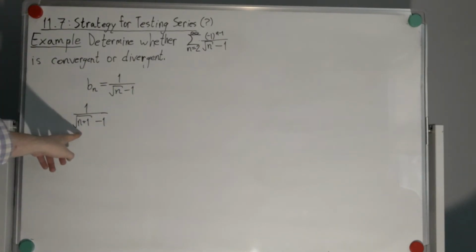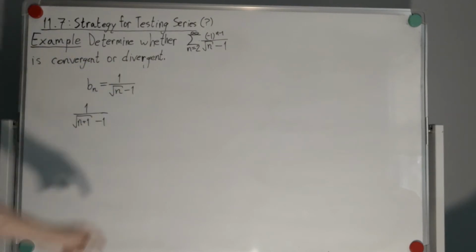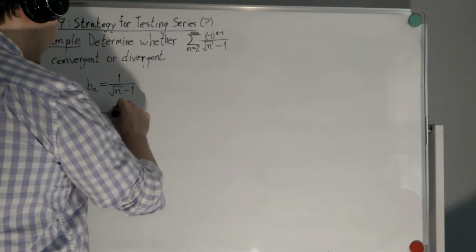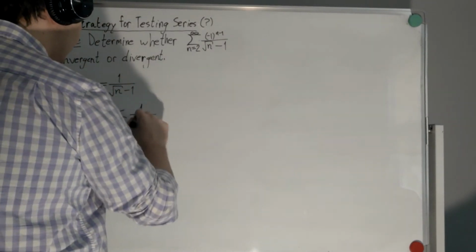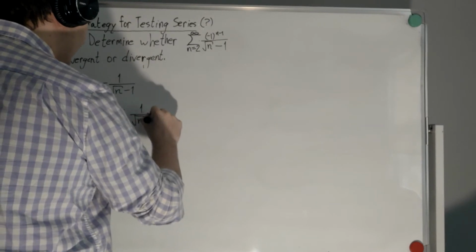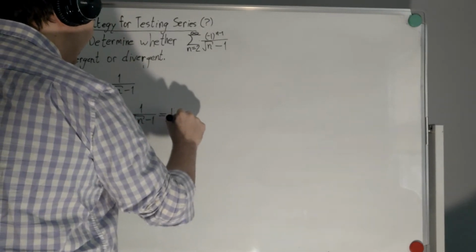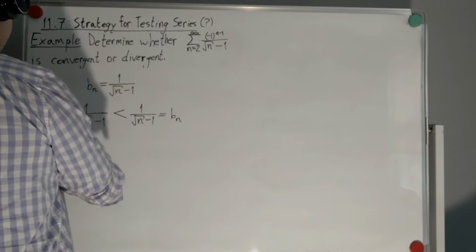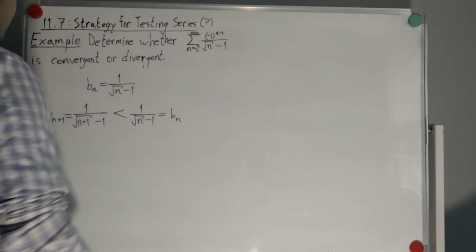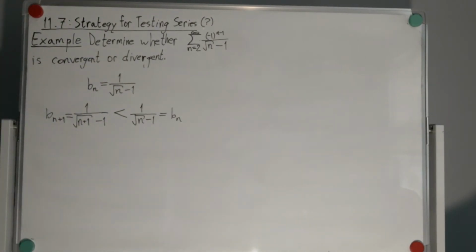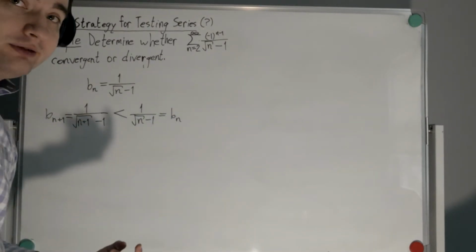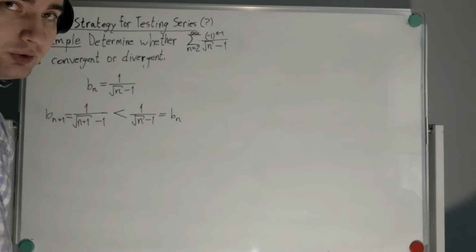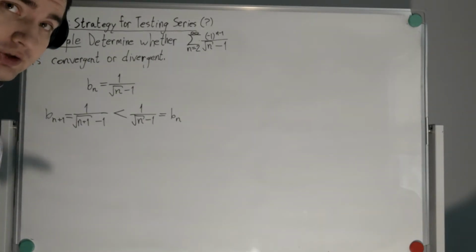Now, this denominator is larger than this denominator, which means that this whole fraction is smaller. This is what we mean by bn, and this is what we mean by bn plus 1. This shows that bn plus 1 is always less than bn, so it's a decreasing sequence. And of course, if it's decreasing, then it's also eventually decreasing.